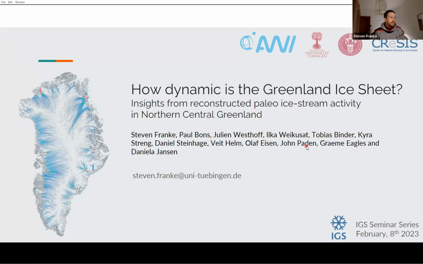If we consider the image on the left, which shows flow lines and the color-coded ice flow velocity of the Greenland ice sheet, the question is, how did that look maybe a few thousand years ago? And has it been exactly like this, or some sort of stable?